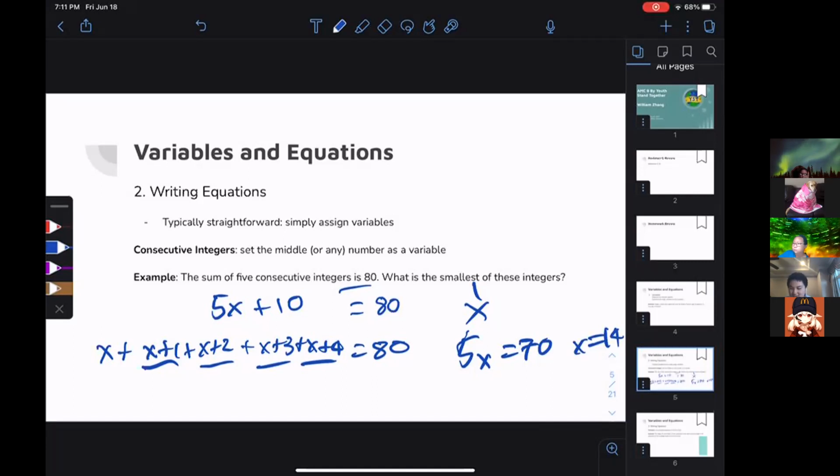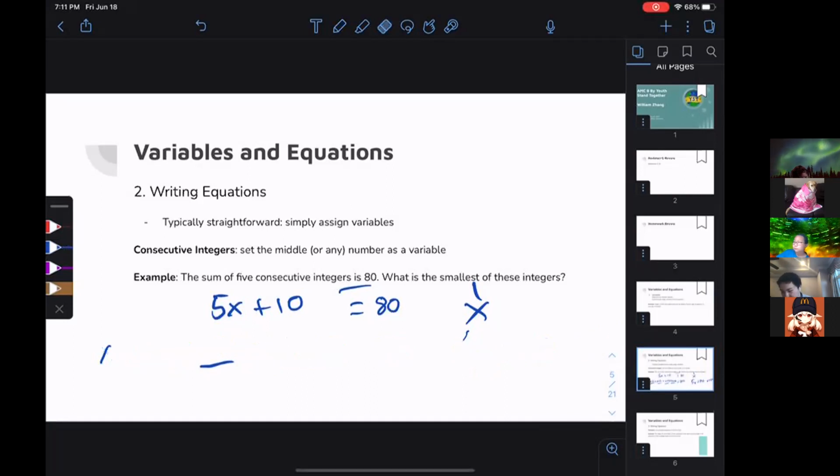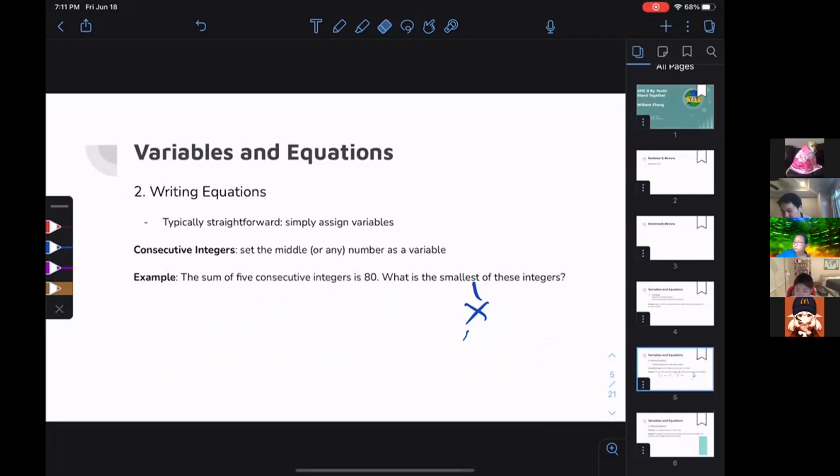Okay, so typically what I did is 80 divided by 5 because there's 5 consecutive integers, and then I just subtract 2, which gives me 14. Basically, I think that is the other way to go around, is to pick the center number as the variable, especially when there's an odd number of consecutive integers.